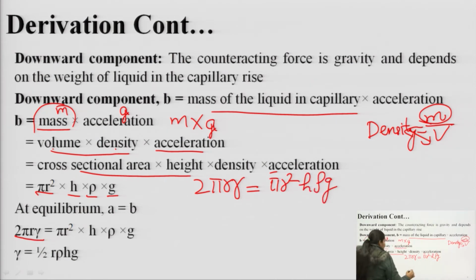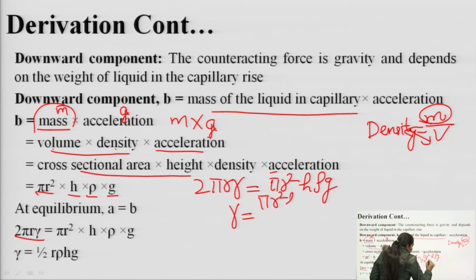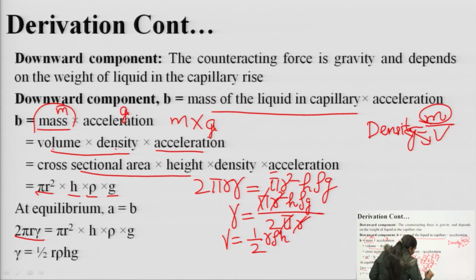And when we are calculating, gamma is equal to pi r square h rho g upon 2 pi r. So, gamma is equal to 1 by 2 r rho h g.